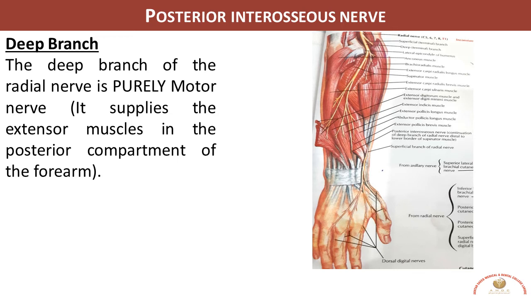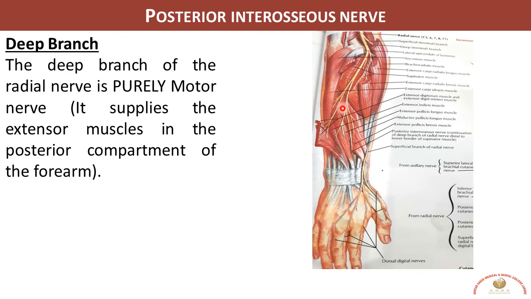Again I am repeating this: the posterior interosseous nerve leaves the cubital fossa and enters the back of the forearm by passing between the two planes of fibers of the supinator muscle. Here you can see it piercing that, and within the muscle it winds backwards around the lateral side of the radius. It emerges from the supinator on the back of the forearm and lies between the superficial and deep muscles.